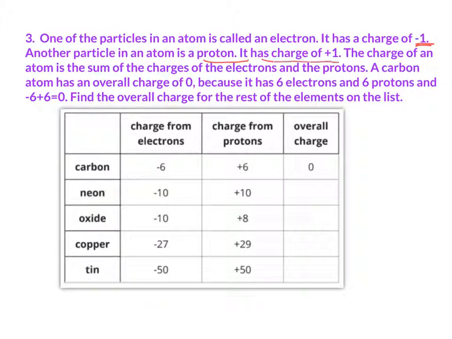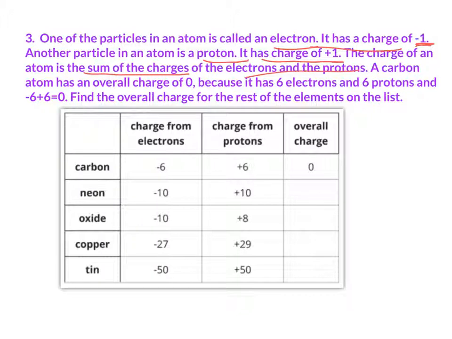So proton, positive 1, electron, negative 1. The charge of an atom is the sum of the charges of these electrons and protons. A carbon atom has an overall charge of 0 because it has 6 electrons and 6 protons. And negative 6 plus 6 equals 0.